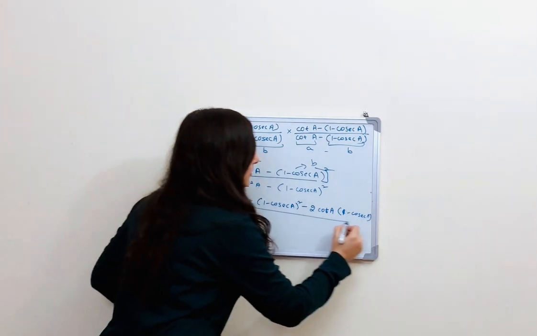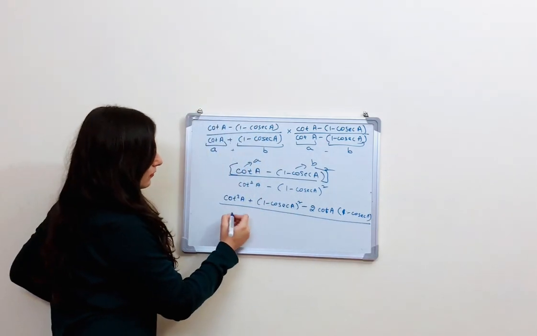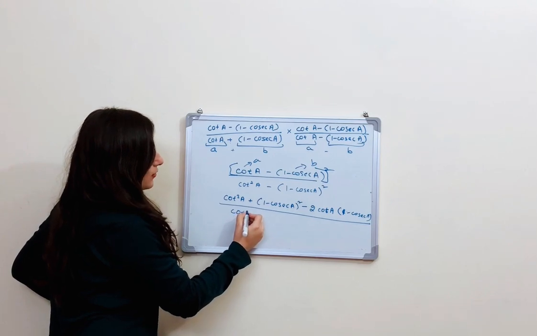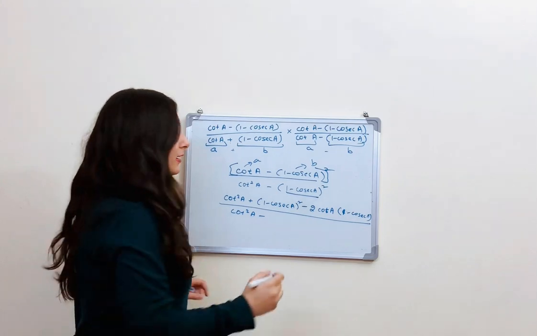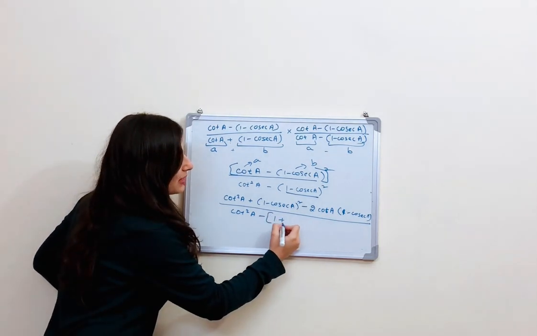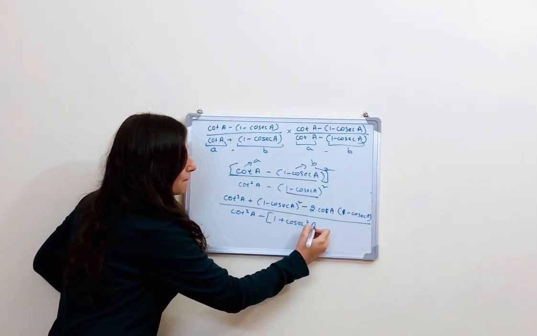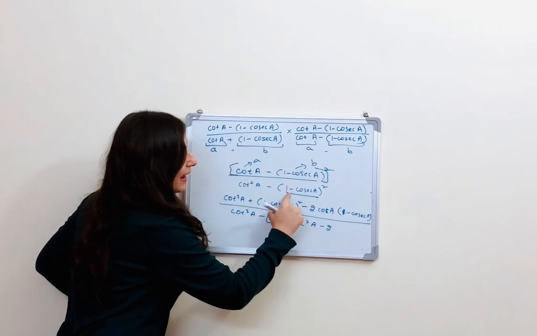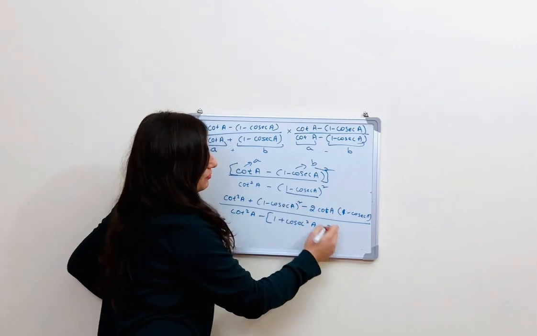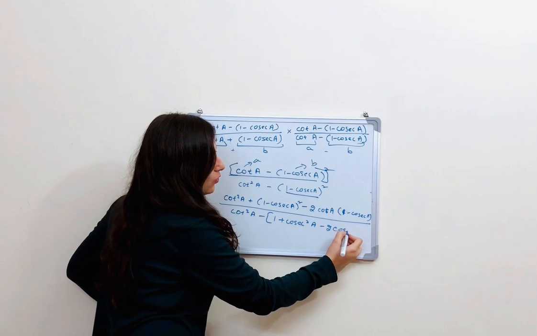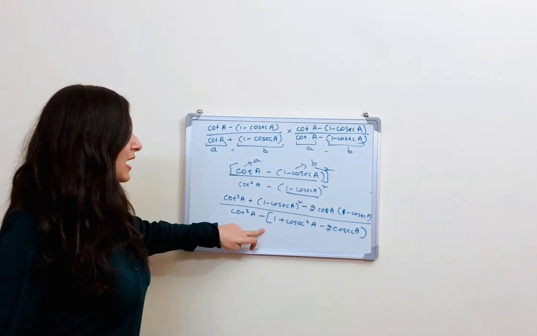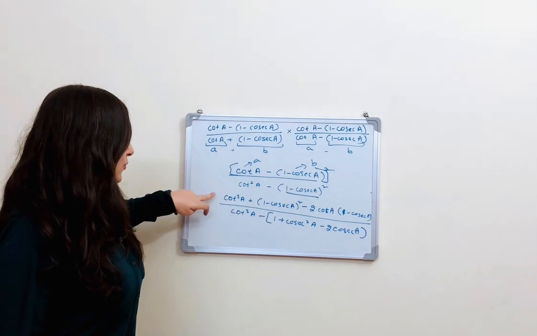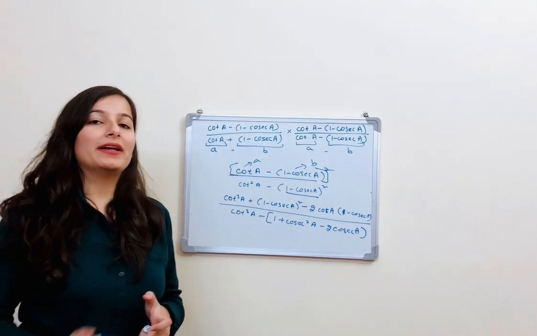In the denominator, it will be cot square A, and if we expand this again, A minus B whole square, it will be 1 plus cosec square A minus 2 into A, and A is 1 here, so we can just write 2 into cosec A. Right? Let's just open this bracket above in the numerator as well as in the denominator.